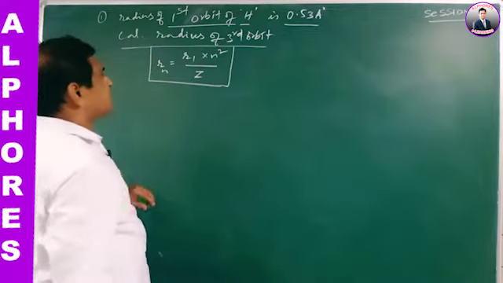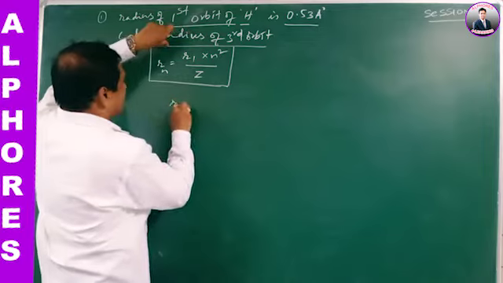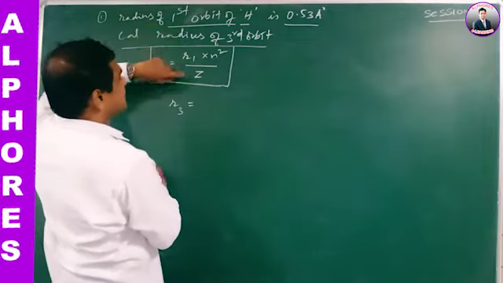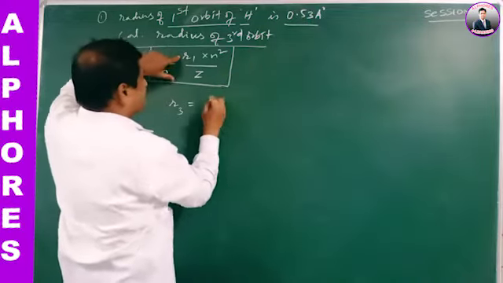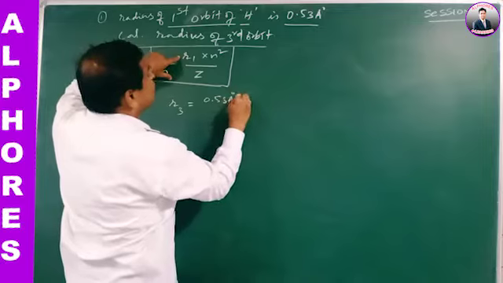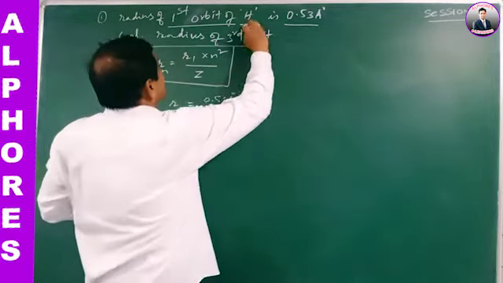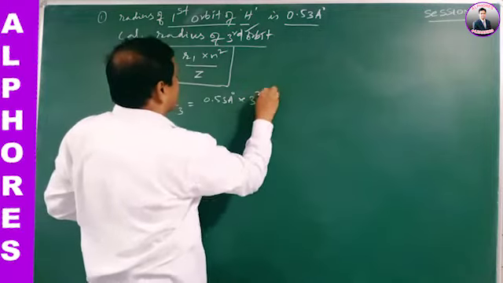So the radius of the third orbit is equal to the radius of the first orbit, 0.53 angstroms, into n square. He is asking for the third orbit, that is 3 square.